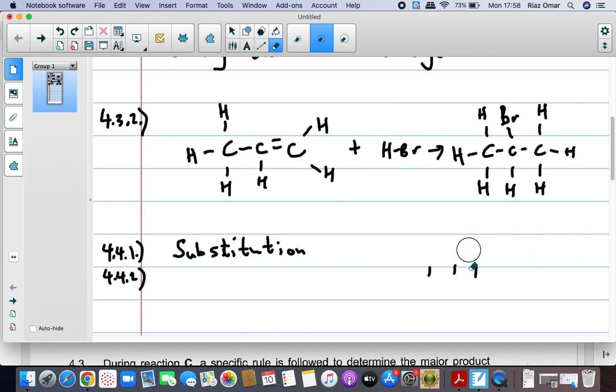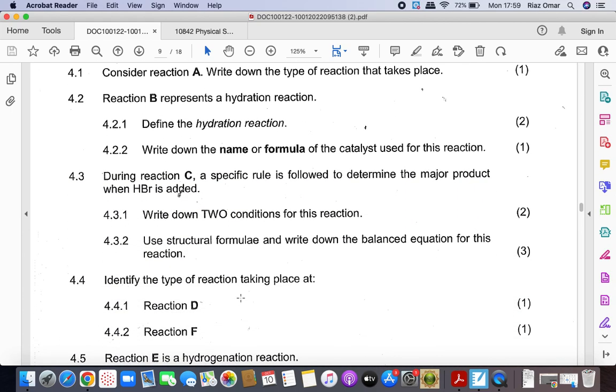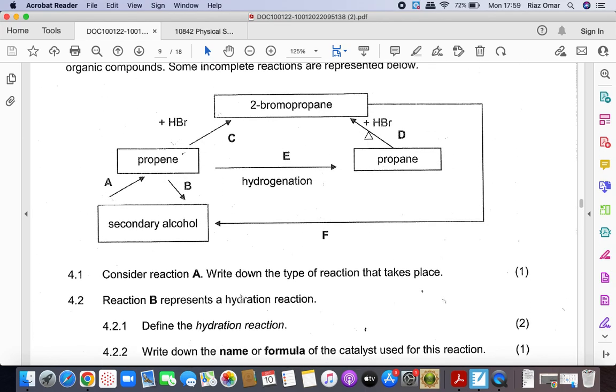So if you look at the next question, 4.4.2, reaction F. There you've got 2-bromopropane and it's becoming an alcohol. The alcohol has an OH group. So the bromine on the second carbon is going out, and the OH group is coming in.